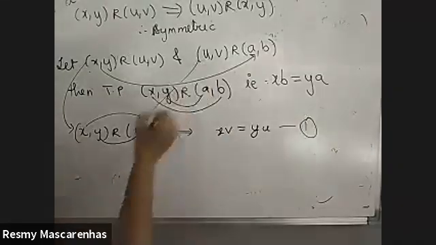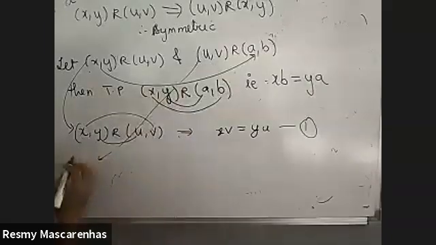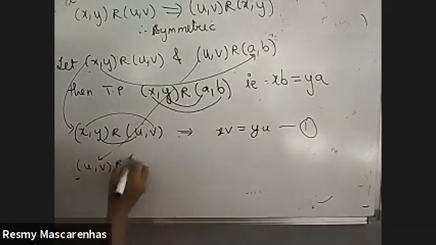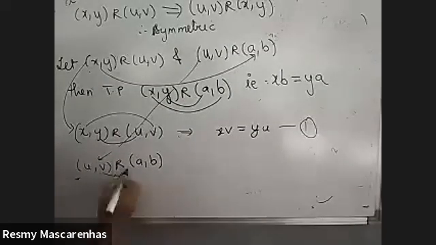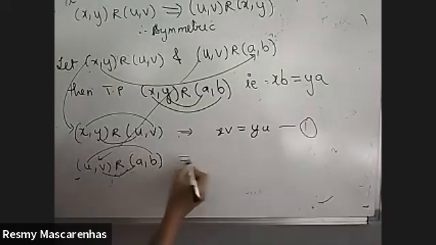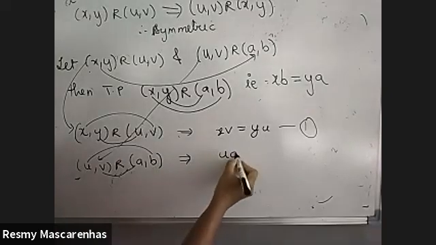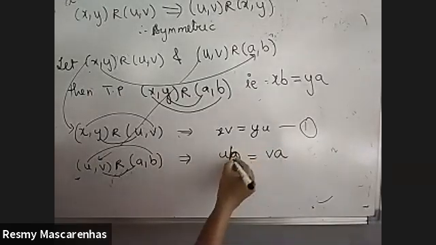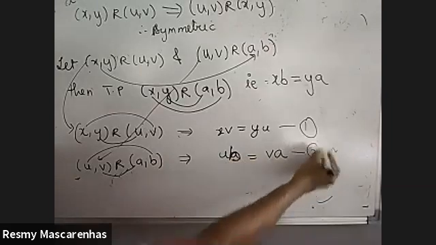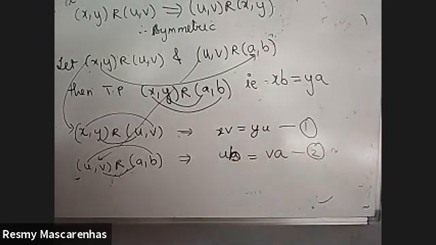Same way, write the second relation. (u, v) related to (a, b). Same pattern you have to try. This will give you ub is equal to va. So this is the second equation.